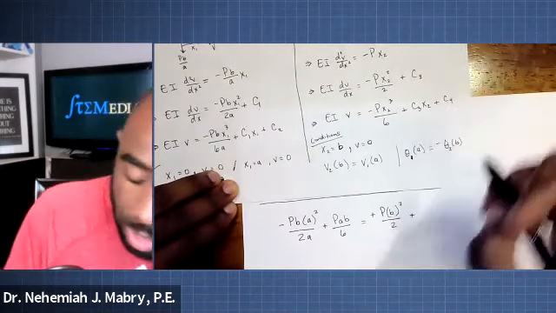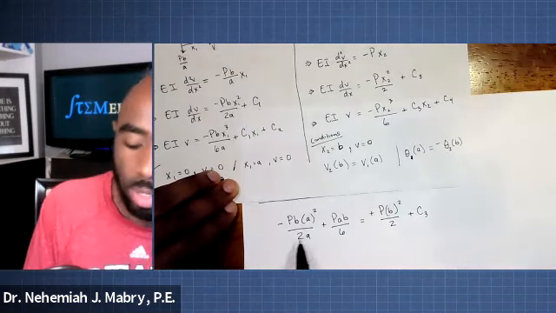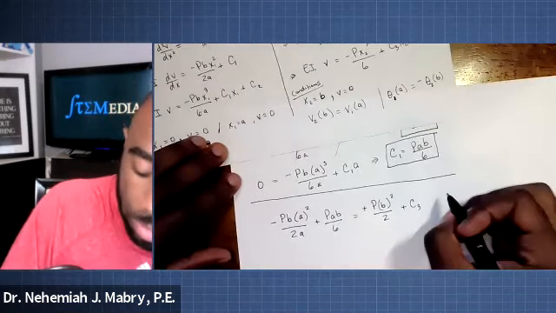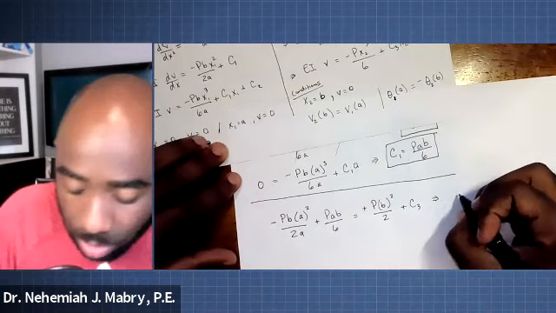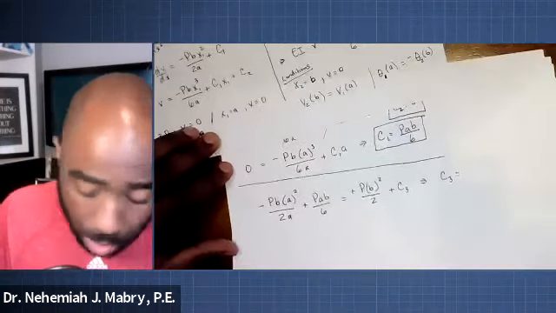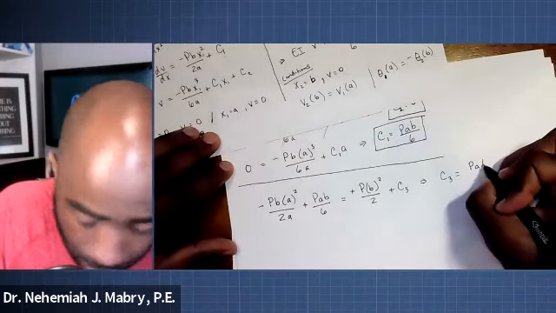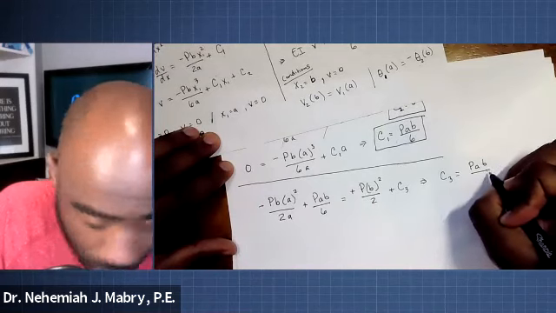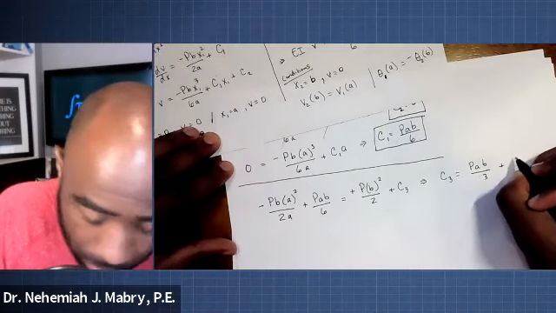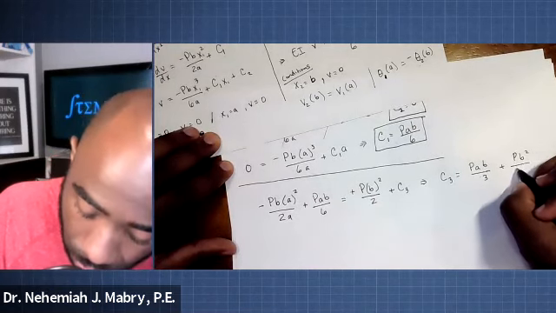We don't know what C3 is, so we're just going to say C3. Now we can use these terms to solve for C3. And if we do that, C3 algebraically would come out to be Pab over 3 plus Pb squared over 2.